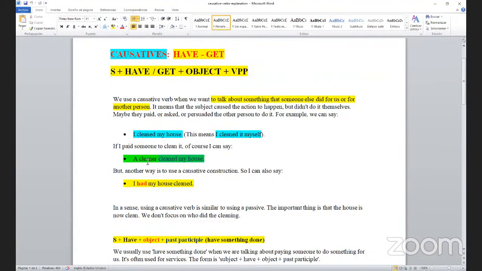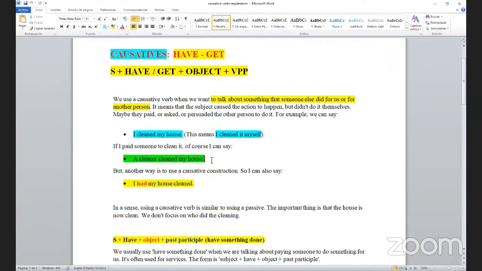So in this case, it means that I didn't clean my house. Who cleaned my house? A cleaner, right? A cleaner cleaned my house. So another person did the action by me or for me.